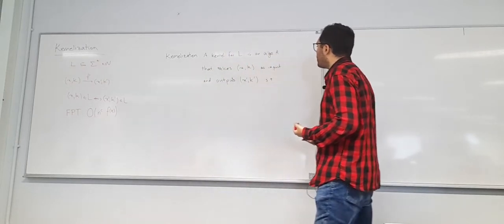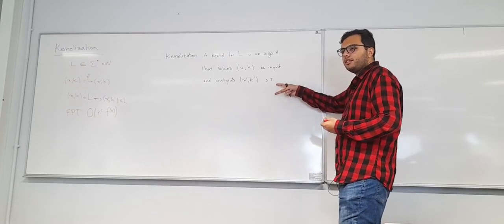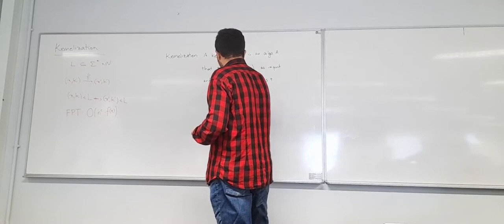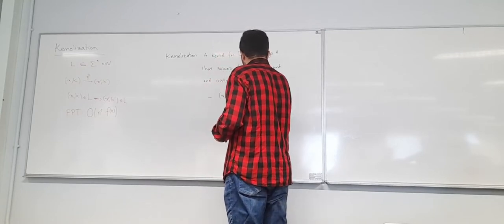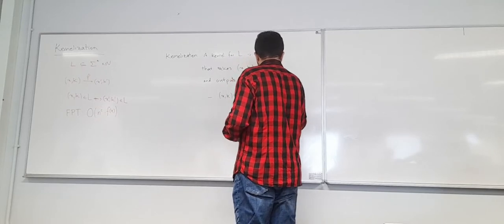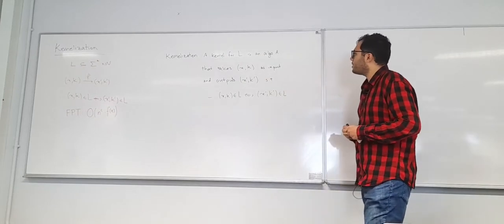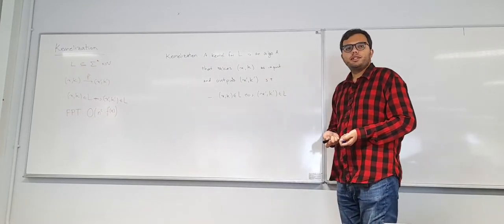Now, what conditions should be satisfied? Well, first of all, I don't want my kernel to change the answer. So I want to know that x, k was a yes instance, was in my language, if and only if x prime, k prime is a yes instance. Now, what else do I want? Of course, I want this algorithm to run in polynomial time, right?